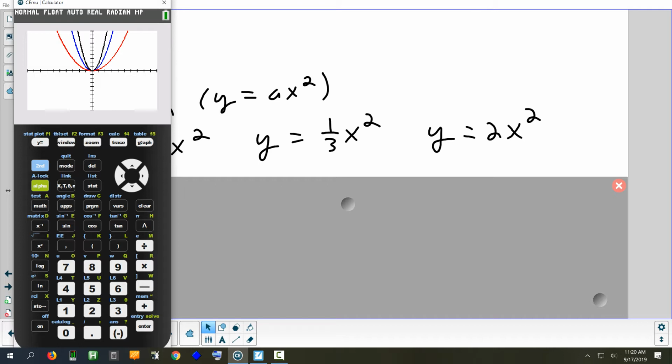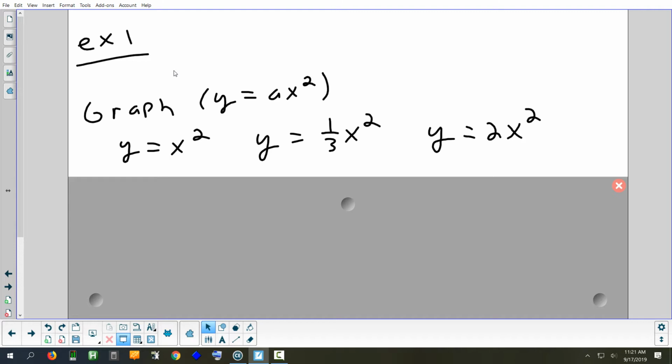Yeah. If it's a fraction, it's going to stretch. So the one in red is the 1/3. Or not stretch, shrink. Yeah, so the 1/3 caused the graph to compress. And if I put in something like 1/6, it would compress even more, right?